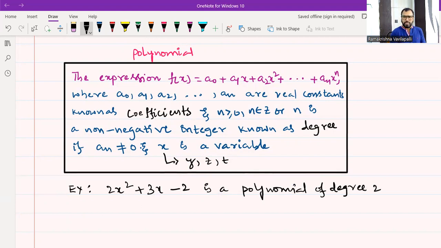This is one example. In this way, you can create several examples. If you want, I can write another one.